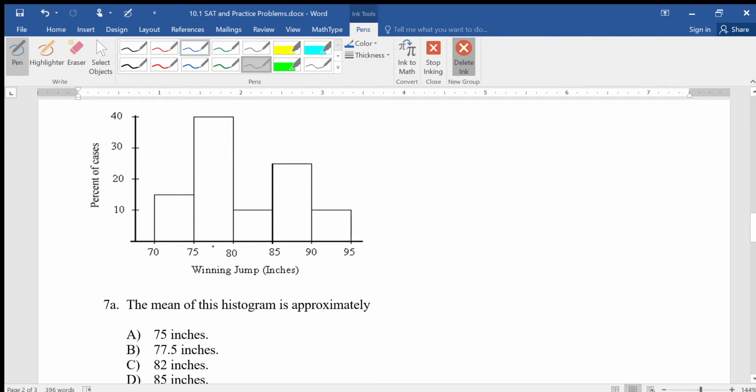If I try to balance it right in the middle here, it looks like it's going to tip over to the right side. So that does not look like a good balance point. If I slide it over just a little bit and put my balance point here, it looks a little bit better. The left side and the right side seem pretty balanced. So this number is really close to 82 inches.